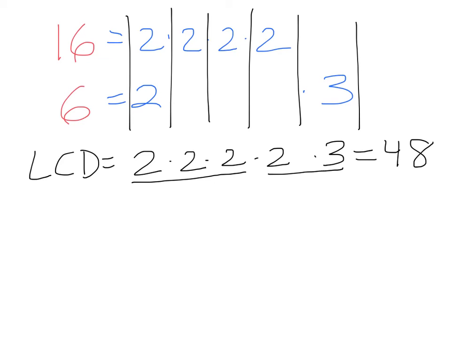Let me show you one that has a little bit of a trick to it. Not a trick so much, but we'll add a little bit into it. For example, let's say I want to find the LCD of 12 and 15. When I prime factor 12, I go 2 times 2, and I always leave a space between different numbers. The reason for that is maybe 15 has 3 2's in it, so I want to make sure I leave space for it.